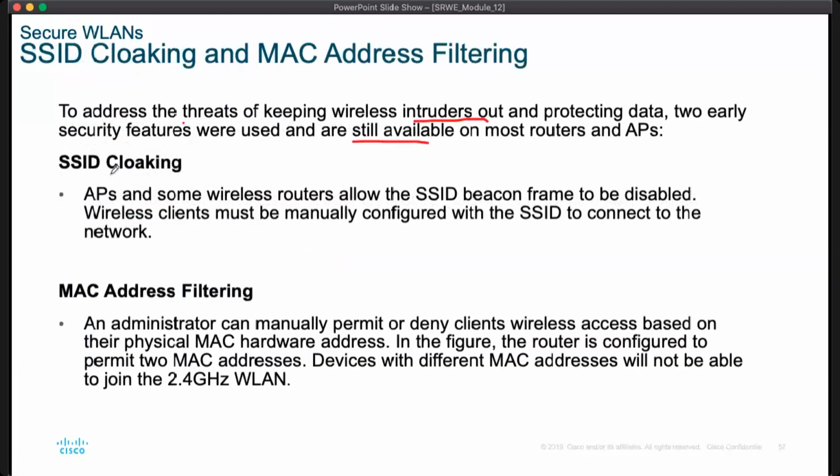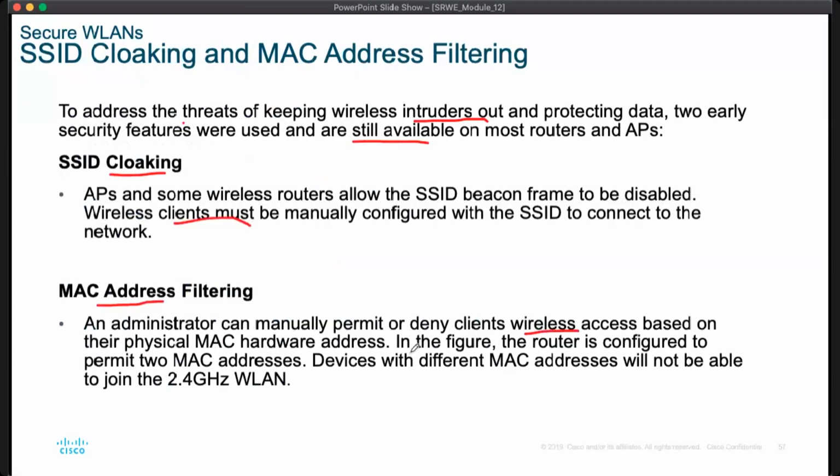SSID cloaking: APs and some wireless routers allow the SSID beacon frame to be disabled. Wireless clients must be manually configured with the SSID to connect to the network. For MAC address filtering, an administrator can manually permit or deny client wireless access based on their physical MAC hardware address.